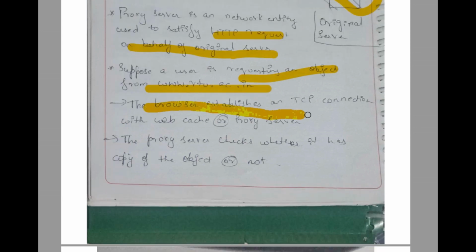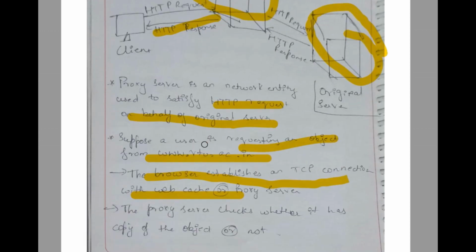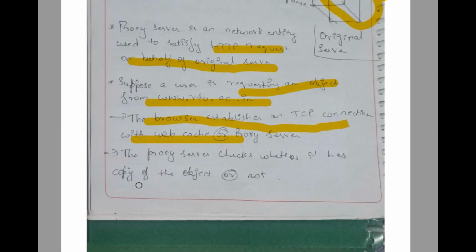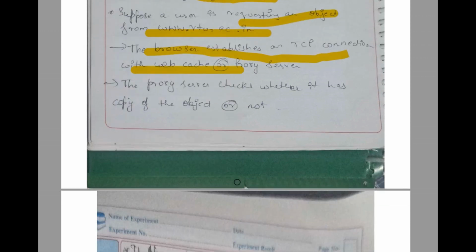The browser establishes a TCP connection with the web cache or proxy server. The proxy server checks whether it has a copy of the object or not. Say you want some objects from VTU.com, you contact the proxy server, and it checks whether it has the object we have asked for or not.